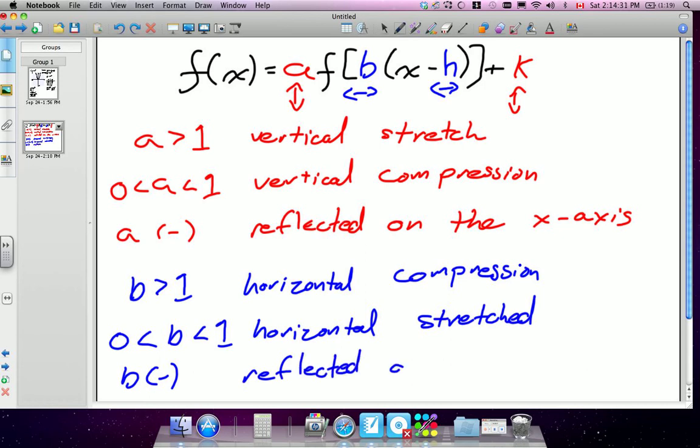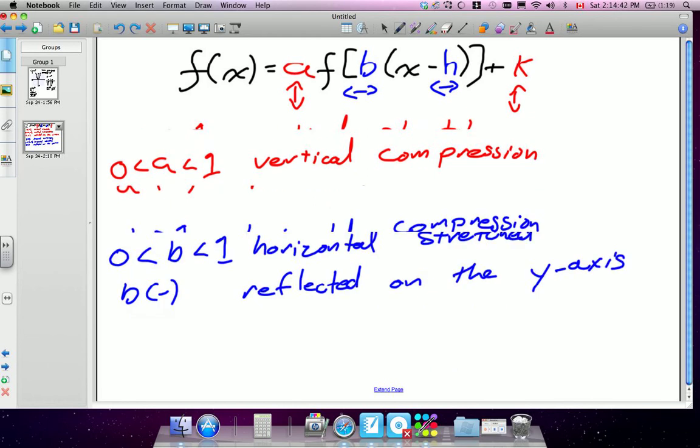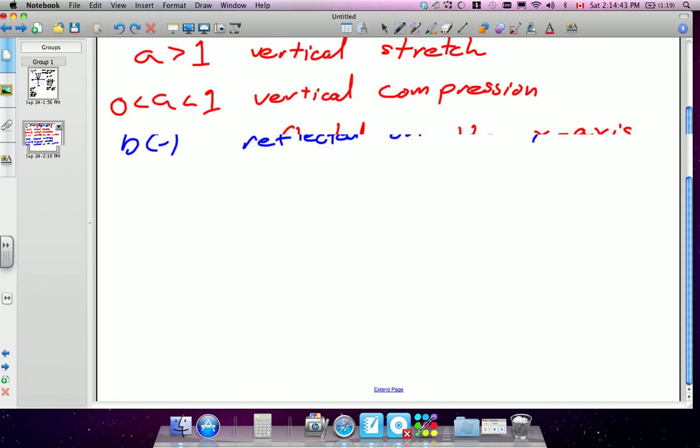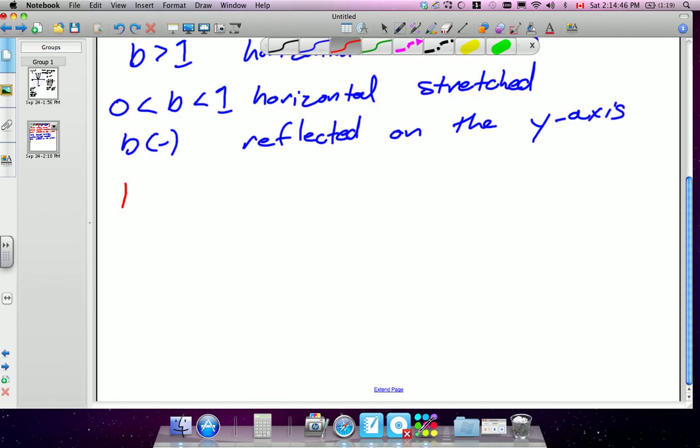Next thing, I'm going to work with k. Okay? The letter k, and I know I'm only using variables right now, but we're going to get into numbers. I'm going to show you exactly how it affects these things. Okay? So if k is positive, that means we're going to move the entire function up. Okay? So we move the whole function upwards, or in a positive direction is a way of saying it.